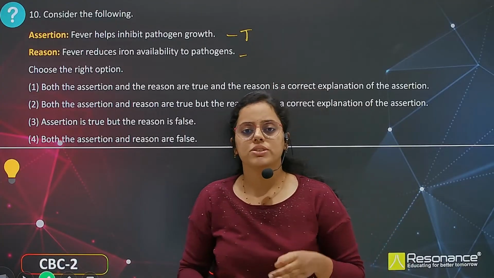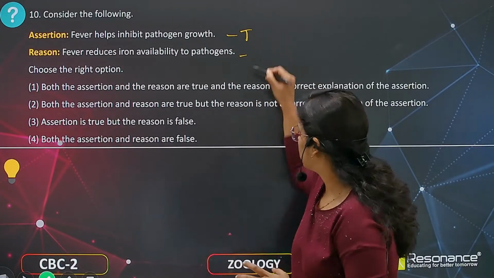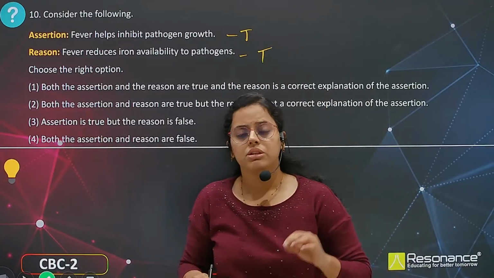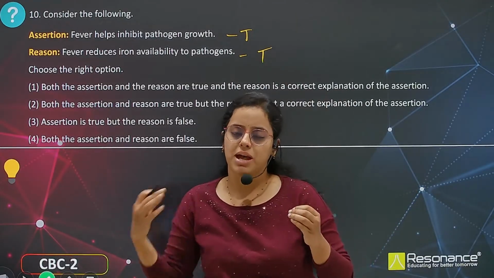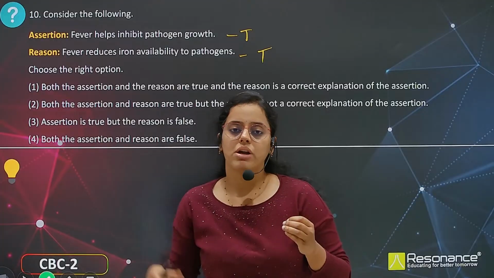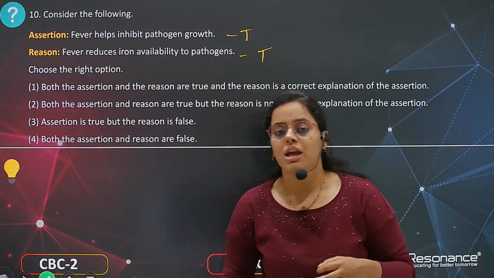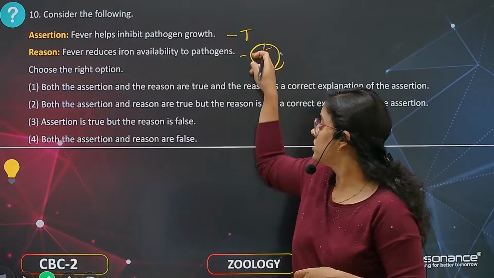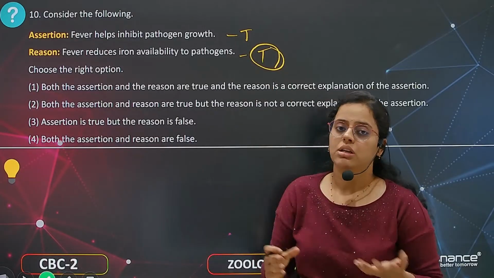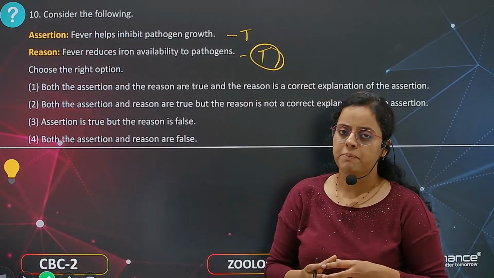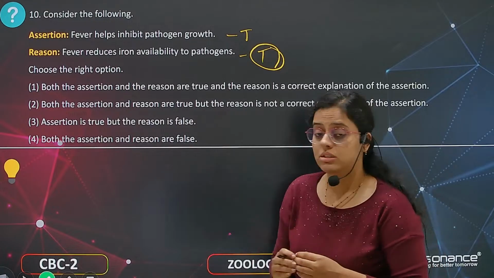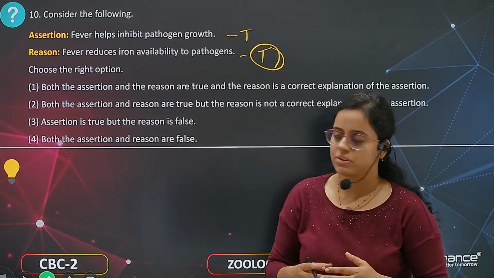Fever reduces iron available to pathogen. True, this is also true. As I've told you, it reduces the iron availability to the pathogen, and at high temperature the body doesn't absorb much iron. As a result, the pathogens are not getting enough iron. So this is true, but the reason is not an explanation for the assertion.